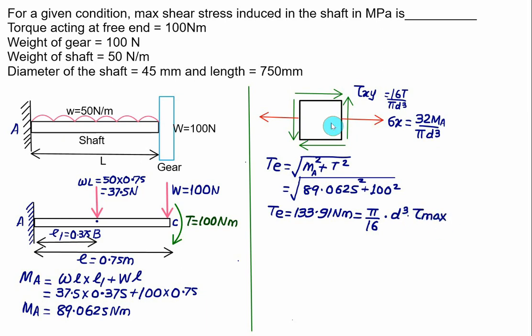So we are not going by the conventional formula of tau max as the square root of sigma x minus sigma y by 2 whole squared plus tau xy squared. Rather we are calculating the equivalent torque because the shaft is subjected to a twisting moment and a bending moment.